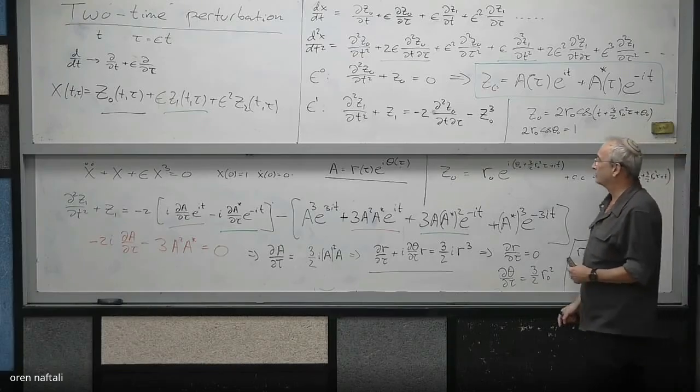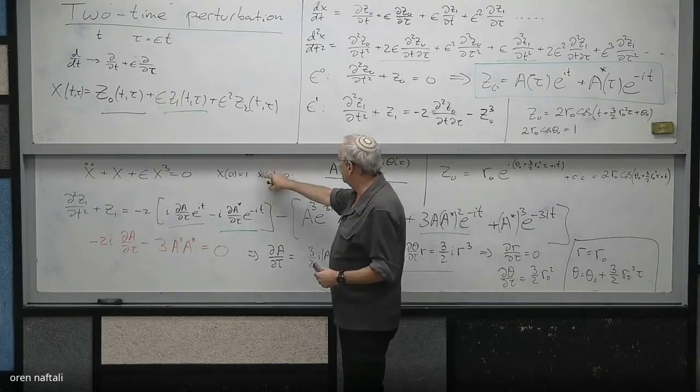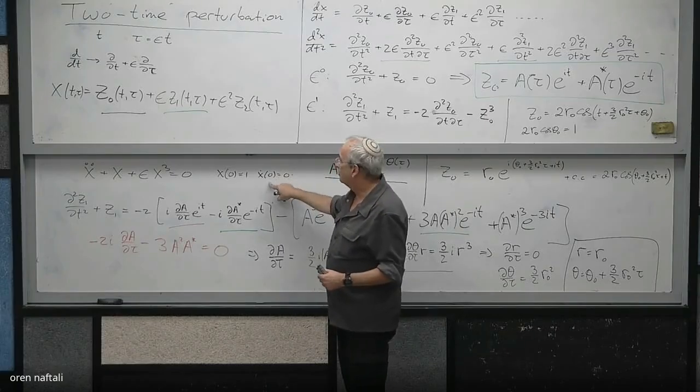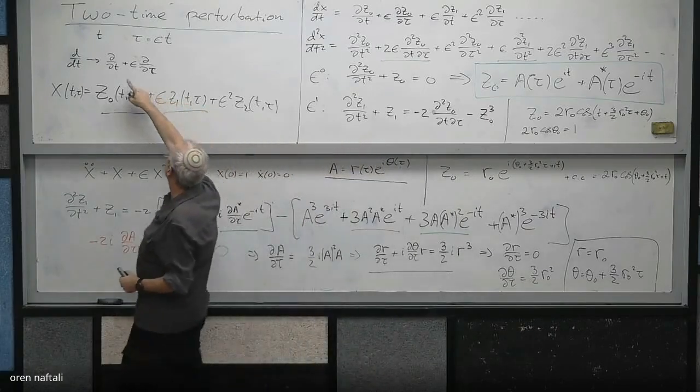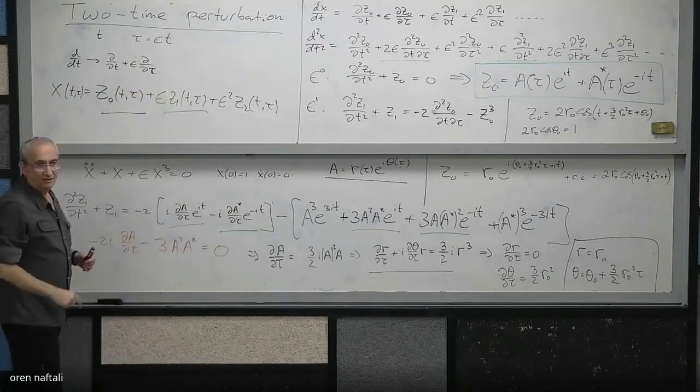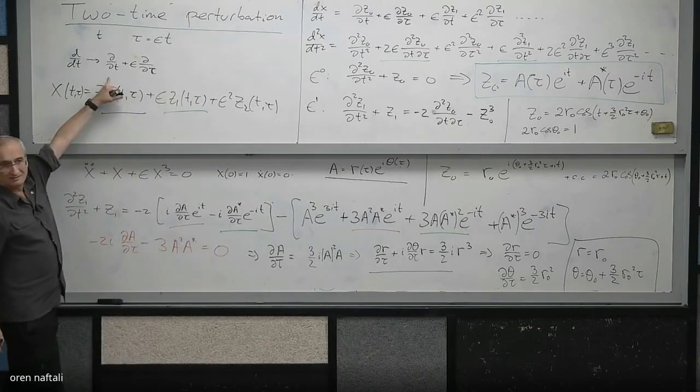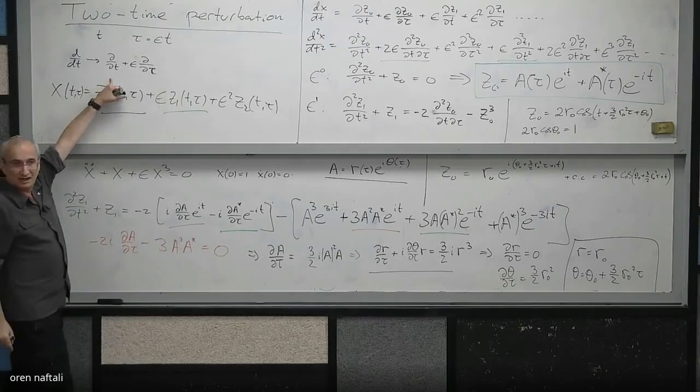Now the other condition is x dot of 0 is 0. Now, x dot, remind you, is dot t plus epsilon d d tau. But since I am at first order in epsilon, I will take only the d dt. Right?